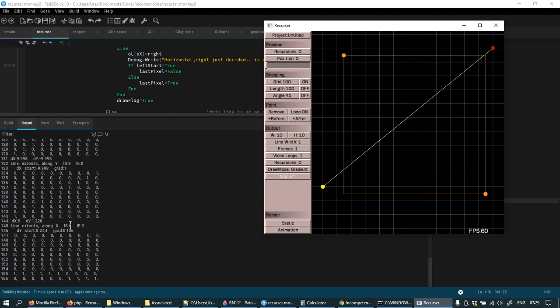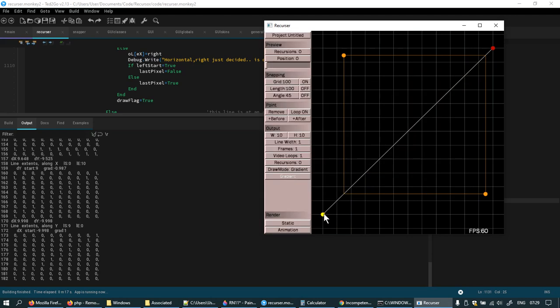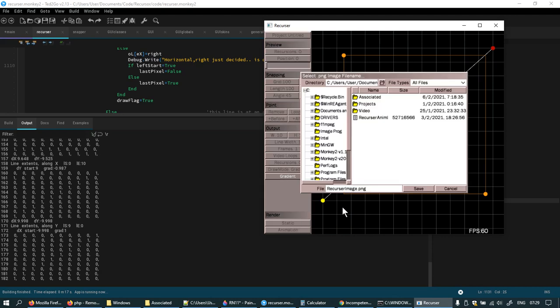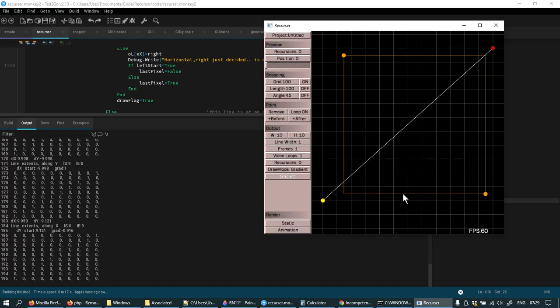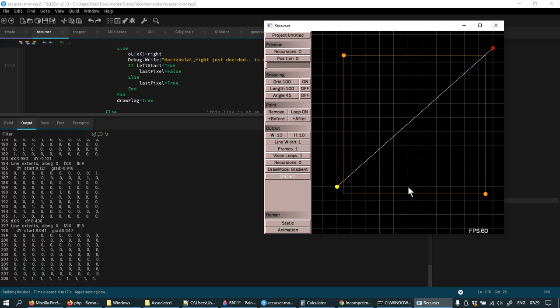Line start 0. What went different there? That's correct. That came out correct. This came out correct. That came out wrong. Why? Oh, that is very difficult.